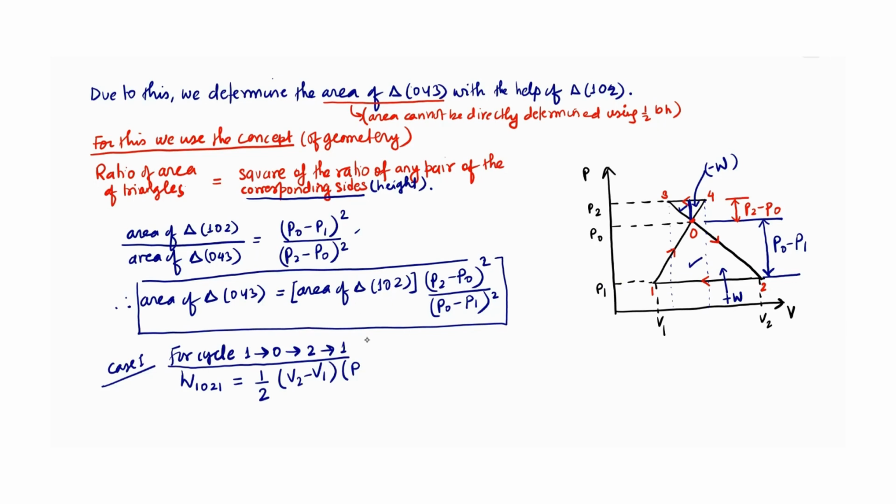So we have P0 minus P1, and this work done is positive. This is positive work done. Why? Because the loop is traced.